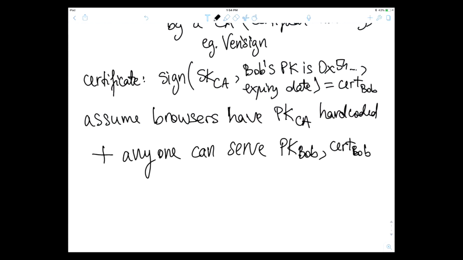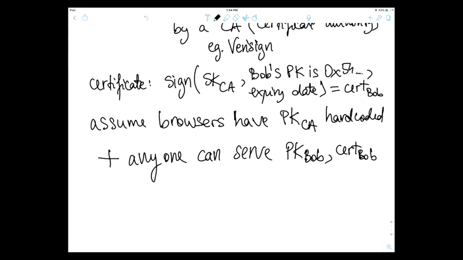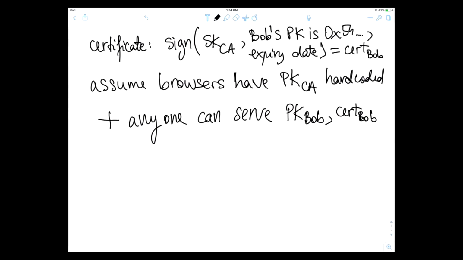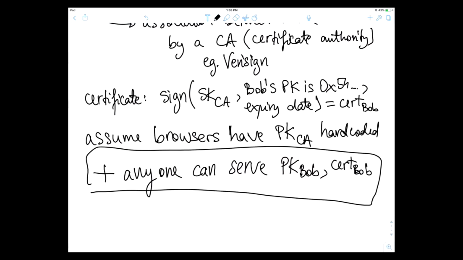Yeah, so it's in some ways similar, but you don't always go to the TD for every request. But you can ask anyone around you. Maybe you can ask a local server that could have been compromised, as opposed to going to the TD for the public key. Okay, so this is the main difference, that anyone can serve the public key and the certificate for Bob.